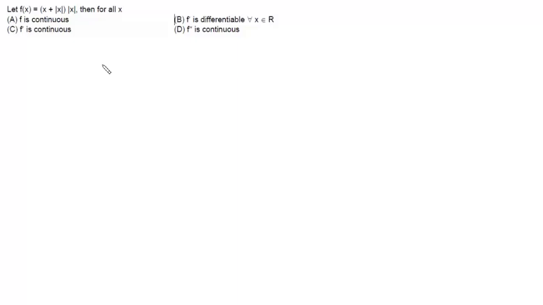Now we are given this function f(x) as (x plus mod x) into mod x, and we need to find which of the following is or are correct. So what we'll do is, we'll write this function piecewise. When x is less than 0, we know that mod x is minus x, so this function will be 0.